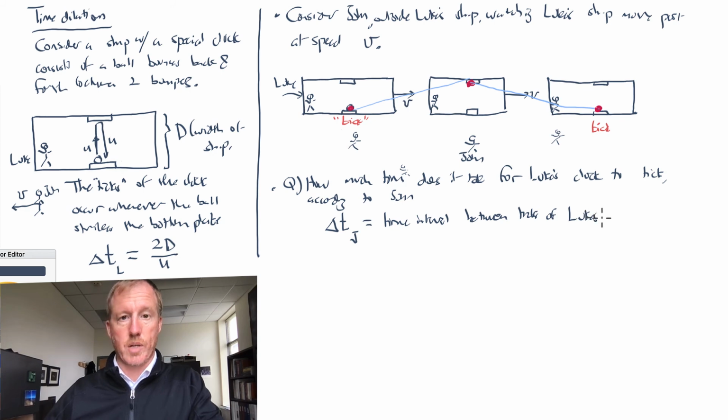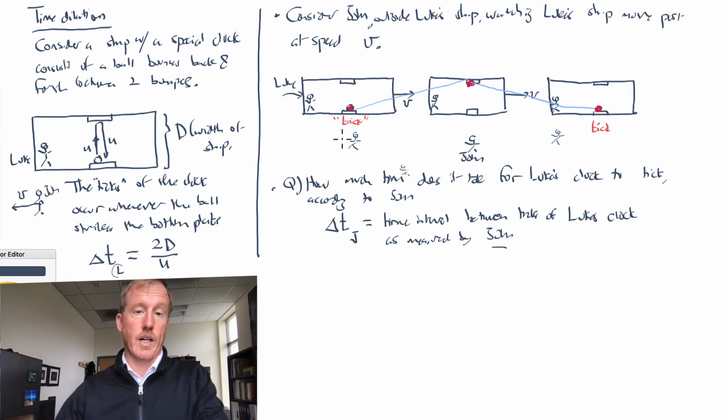That means the clock that is on Luke's spaceship. But this is as measured by John. That's what I mean by this J subscript. It's John is doing the measurement. In this case, sub L, that means Luke is doing the measurements. They're both measuring the ticks of the clock that's on Luke's ship, but the subscripts indicate who is doing the measuring.